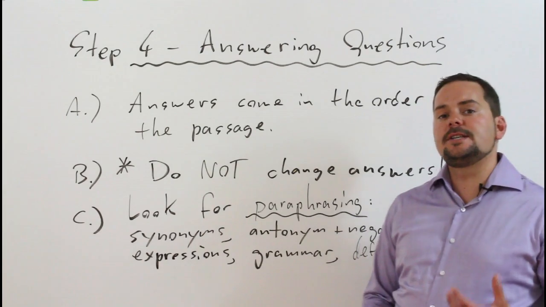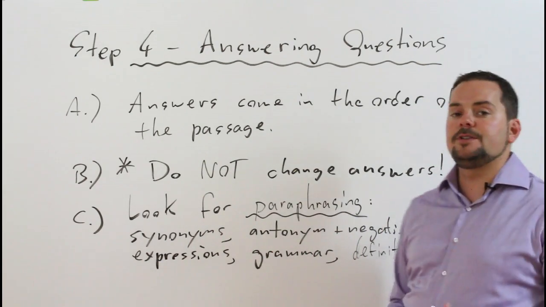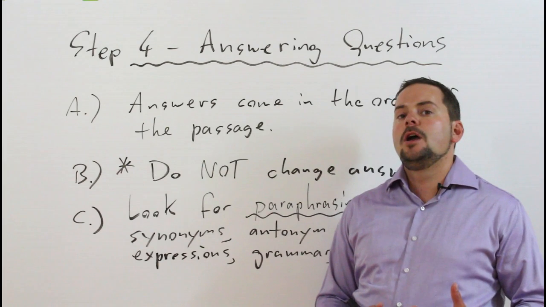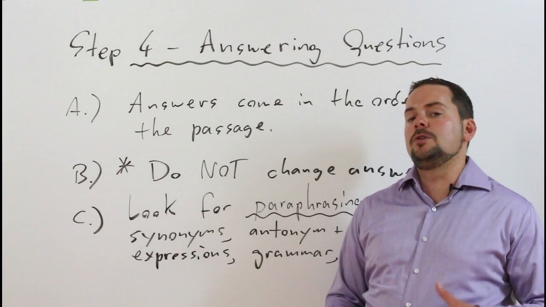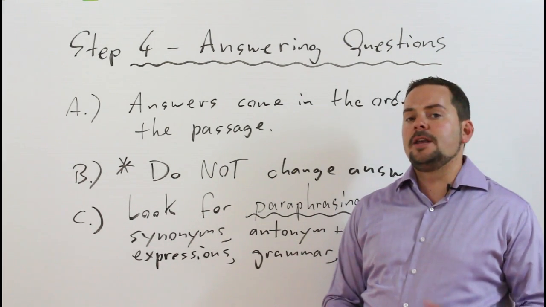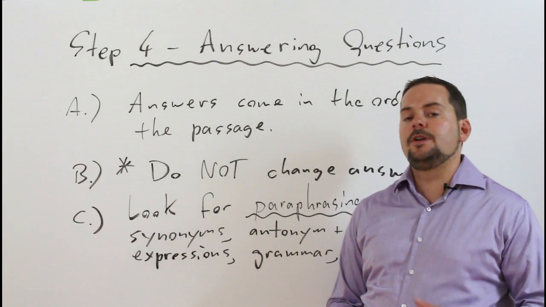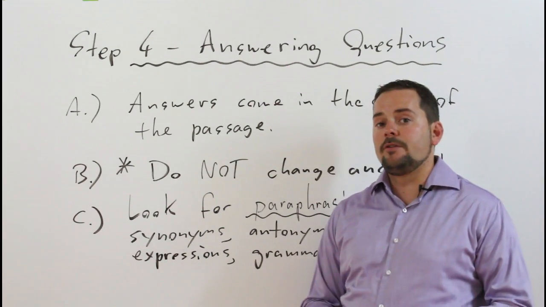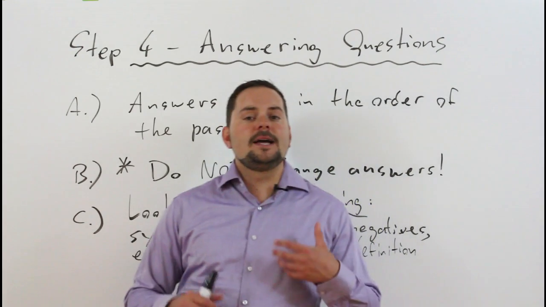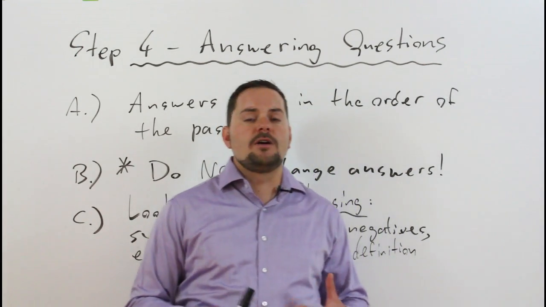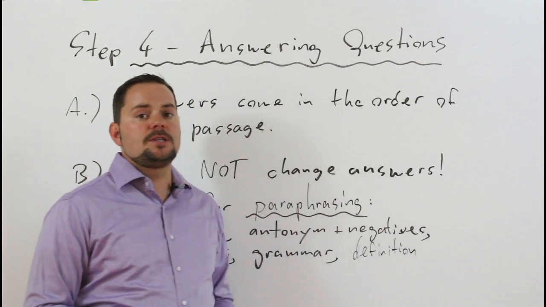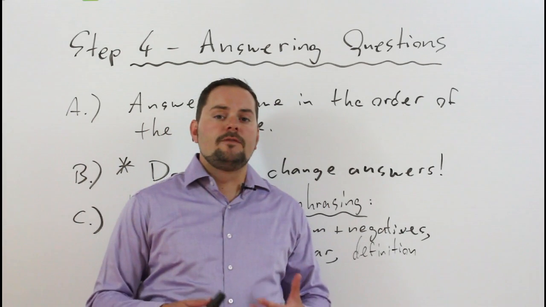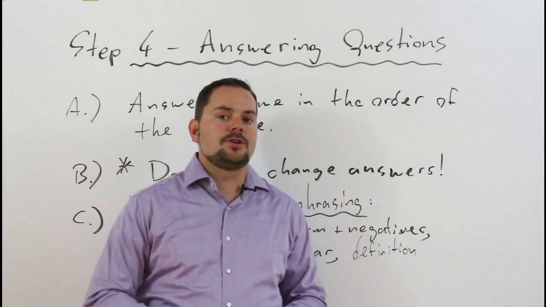And the IELTS exam will use all of these different techniques of paraphrasing to make the questions. If you know these and you can see these, again, that will make you very confident and will help you to get a lot of answers correct. So let's look at the questions now for the article that we just read. Let's use these skills to solve these questions and get the correct answers.